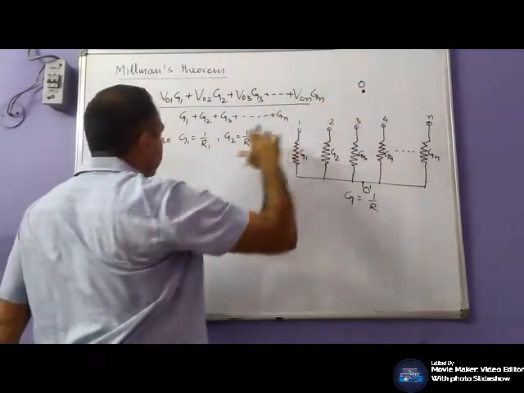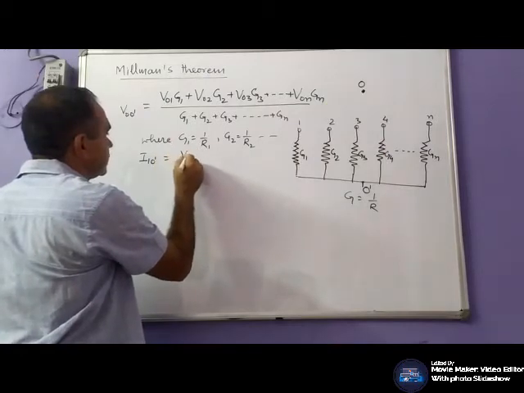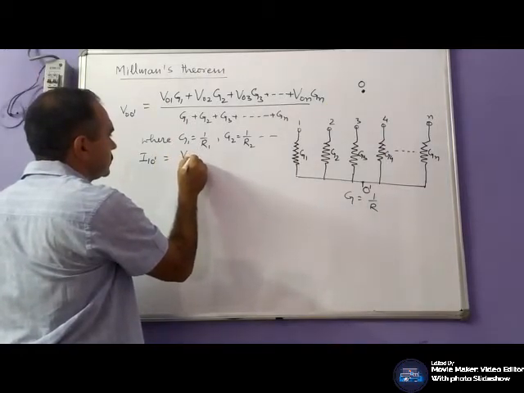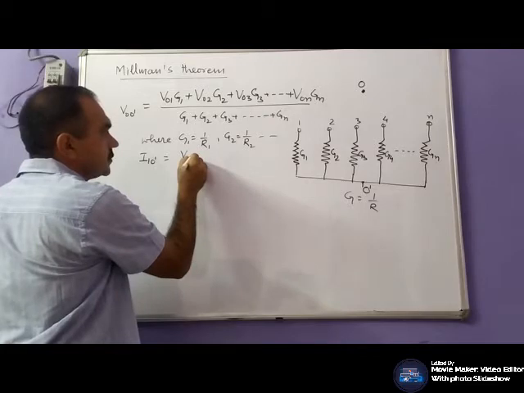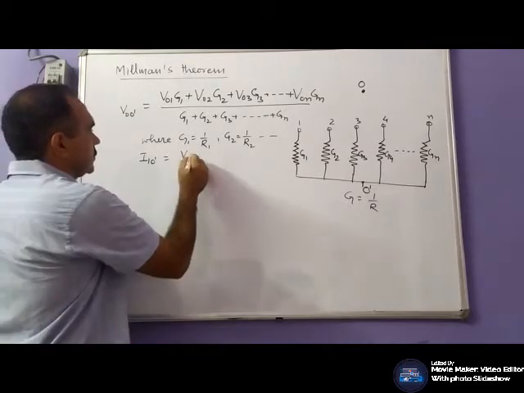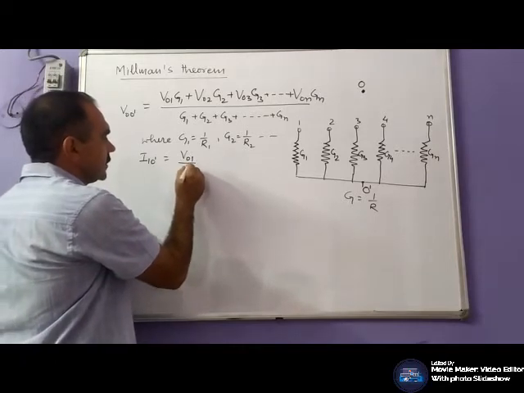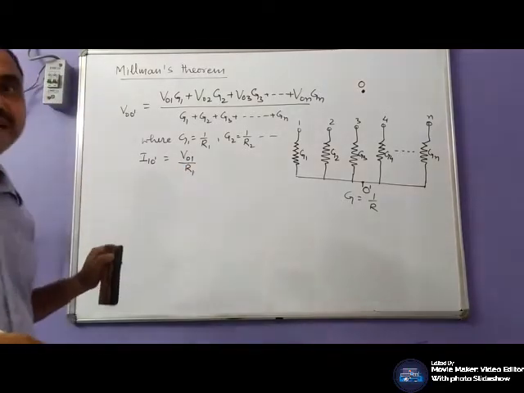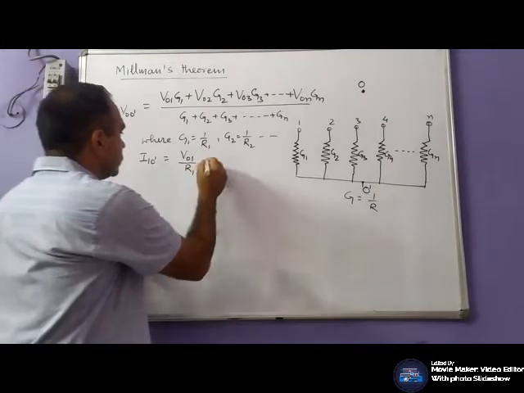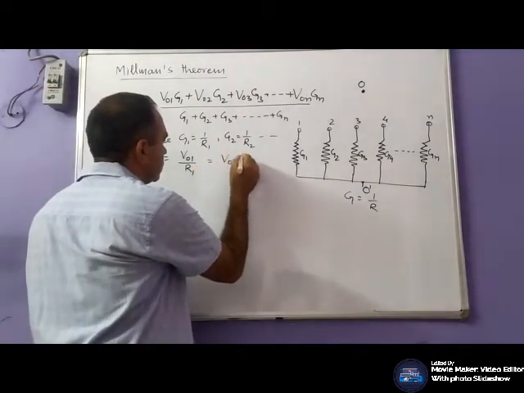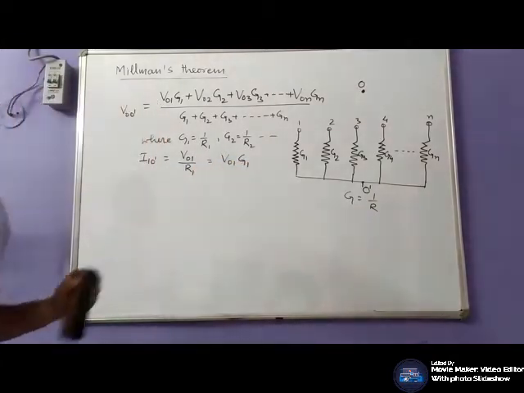What would be the current? Total voltage across that branch divided by the resistance of that branch, or multiplied by G1.